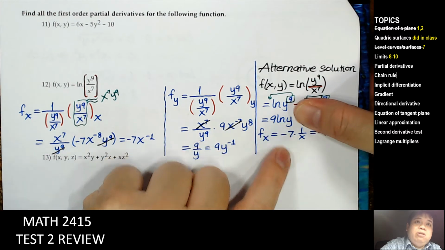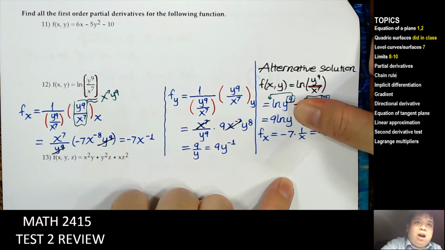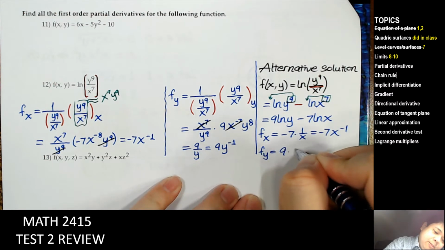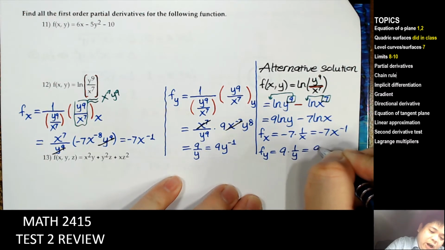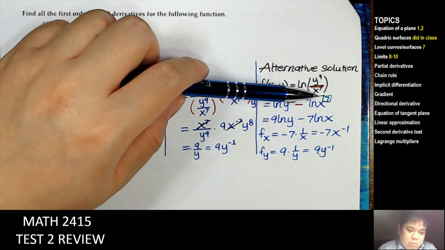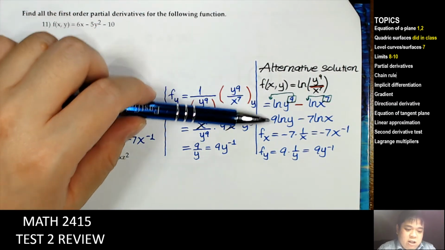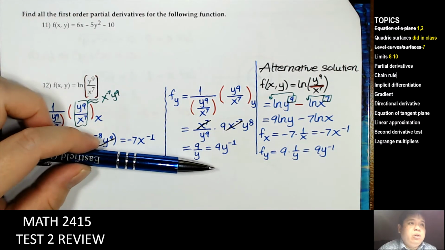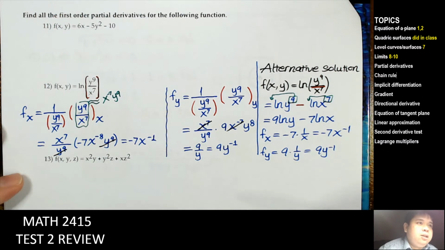So we just take derivative of that, which is 9 times 1 over y, or 9 y to the negative 1. Yeah. So if we use the properties of the log, we rewrite the function, and the derivative will be a lot easier to do. Right.